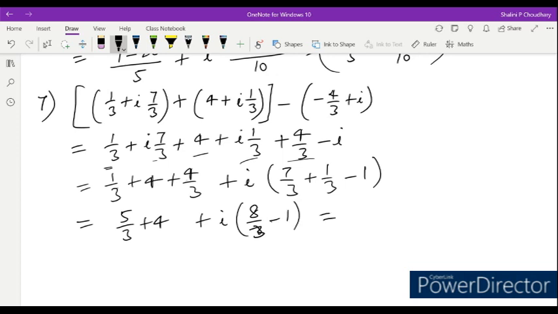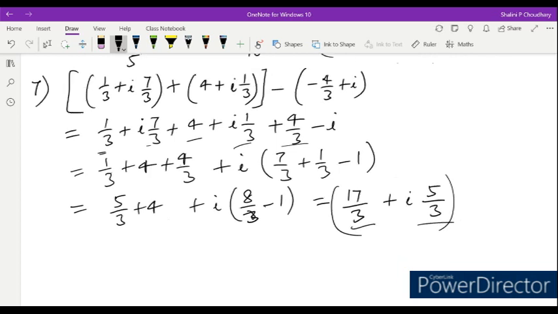So this will be equal to 5 upon 3 plus 4 will be equal to 5 plus 12, that will be 17 upon 3 and plus i into 8 upon 3 minus 1 will be equal to 5 upon 3. Okay, so this is in the form of a plus ib.